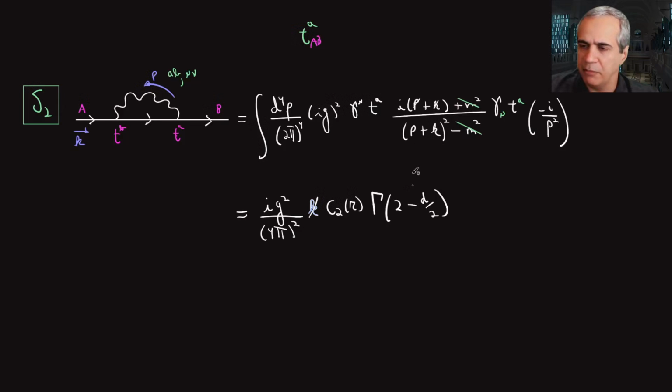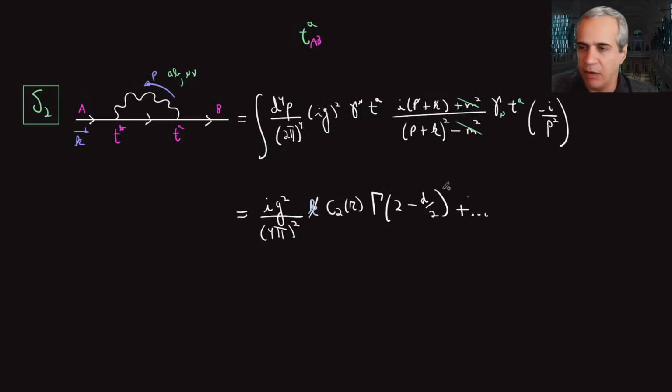See, I can be more careless now with taking the divergent part because I don't need to worry. Since there's only one diagram here, I don't need to worry about cancellations in quadratic divergences or anything like that. There's only a logarithmic divergence here, and that's the only diagram, so I can straight away take P to be very big, right?